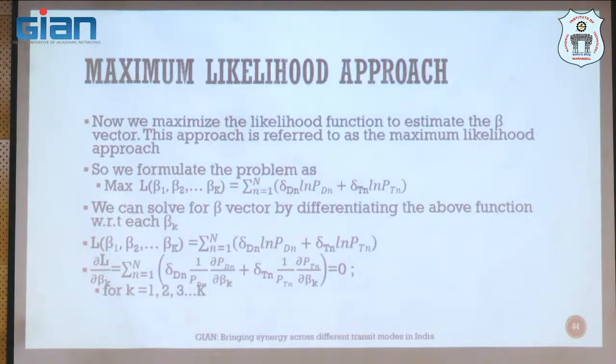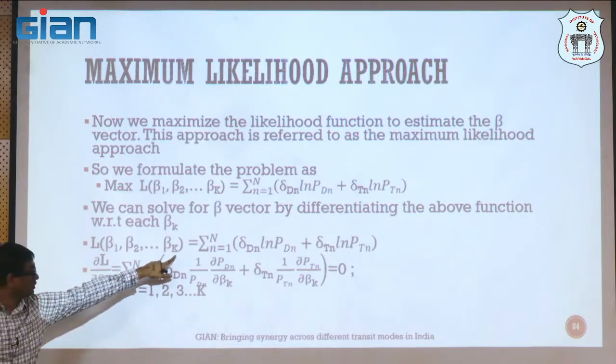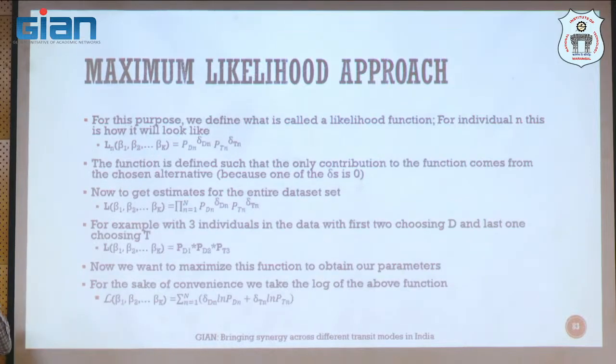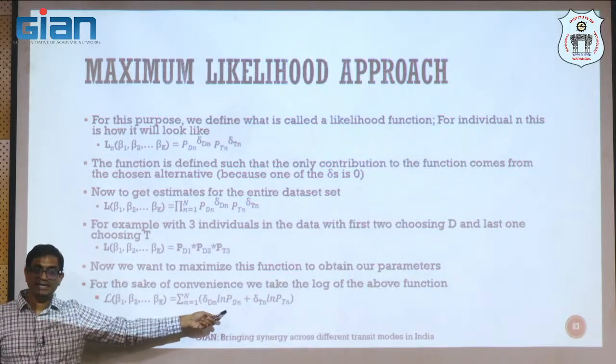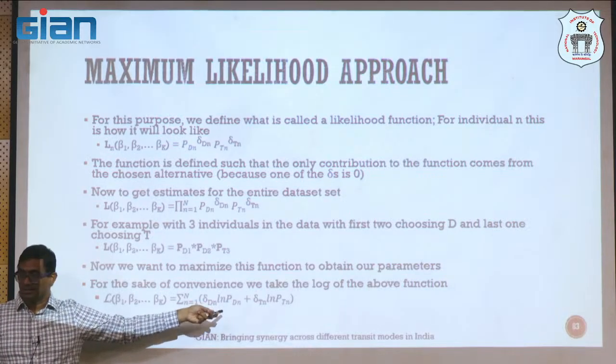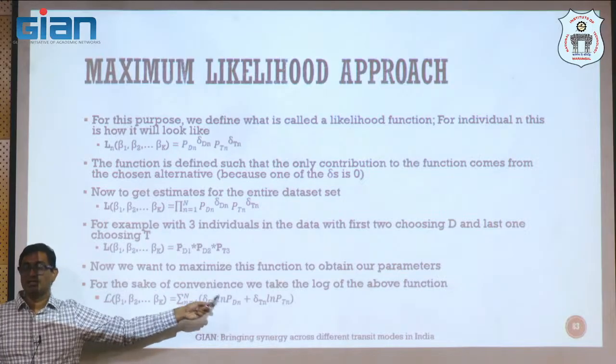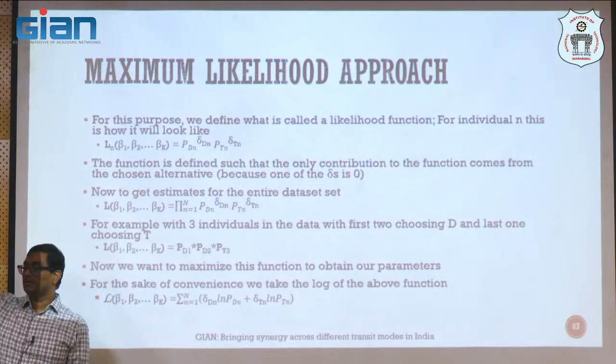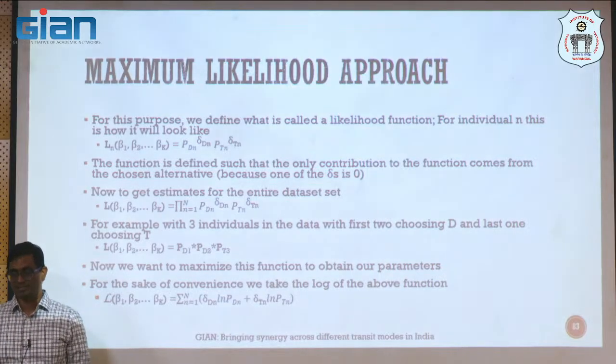So for the maximization, you have to take the derivative of this function with respect to beta. Now it's a little challenging because remember, PDN is probability. We are not seeing beta yet. Beta comes in because there is the utility formula, right? There is a formula for probability: E to the power of V_D divided by E to the power of V_D plus E to the power of V_T.